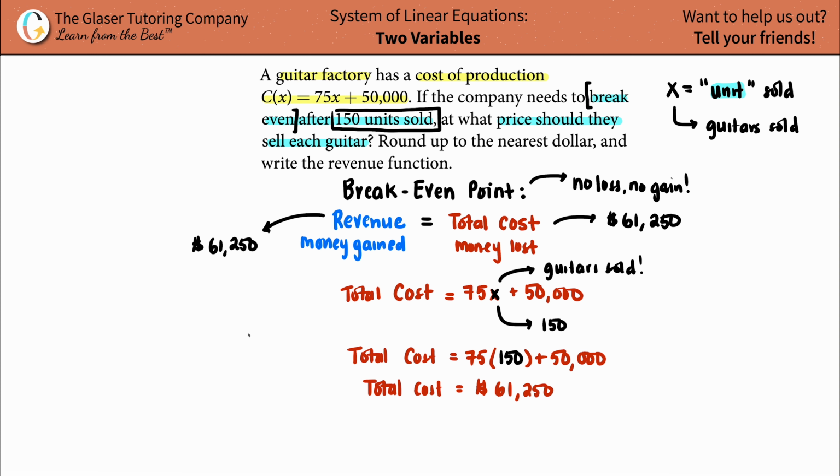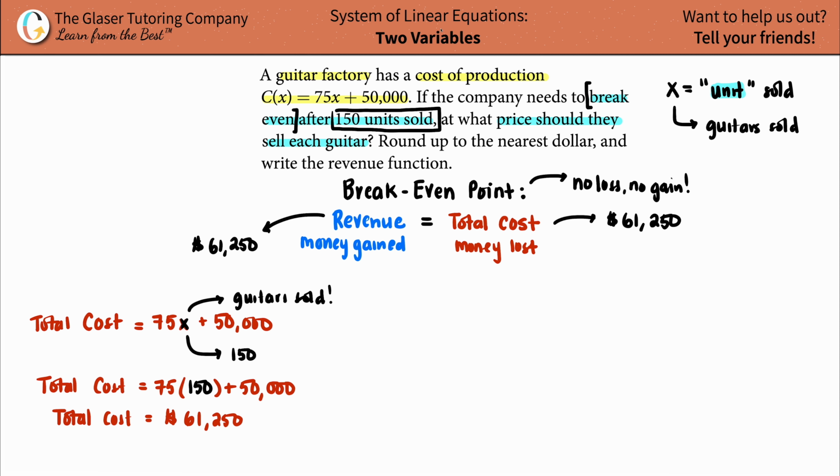Now, we're still not there yet because we want to find out what price they should sell each guitar for. We now know the revenue side, so now let's write that. Maybe I could bring this over here now. So this is all done. We now want to talk about the revenue side and how we're going to make money.